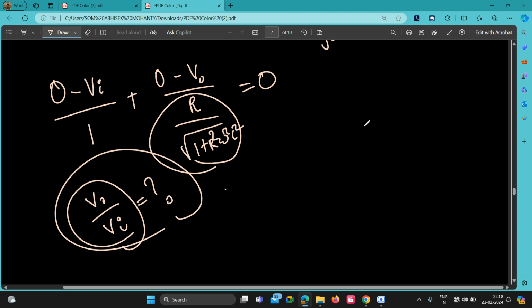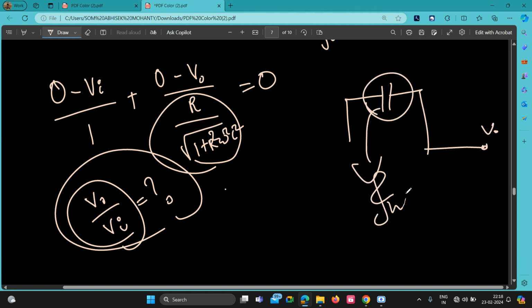Next, suppose here capacitance was connected to the output. So this is what we call an integrator, right? If capacitance is connected to the input, what will it be called?